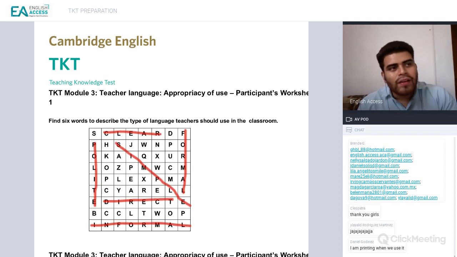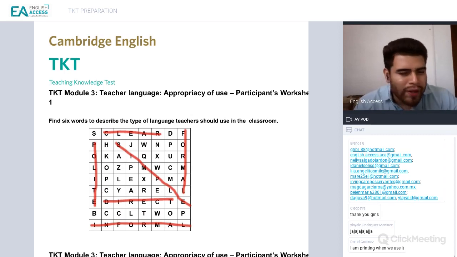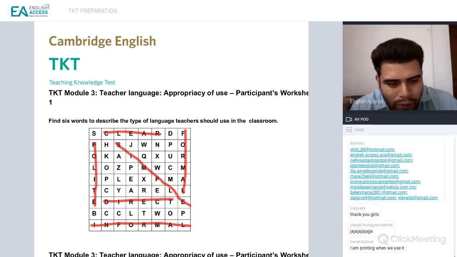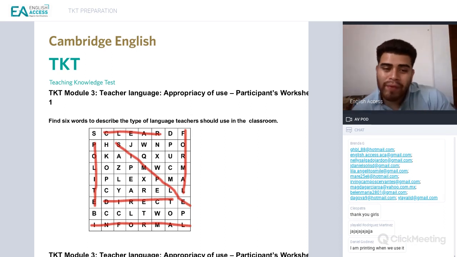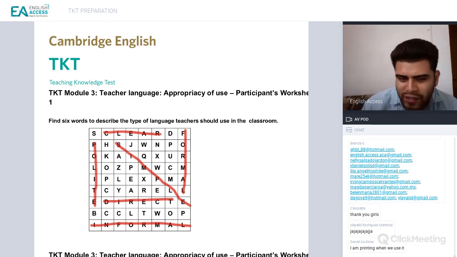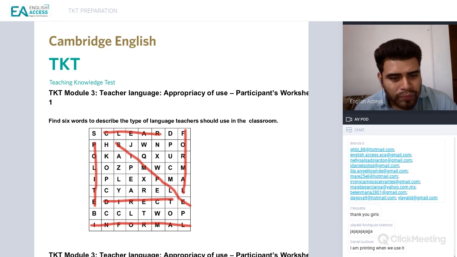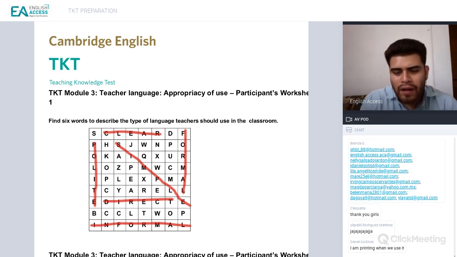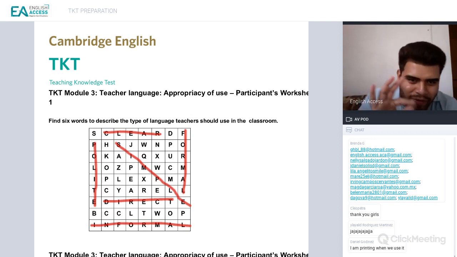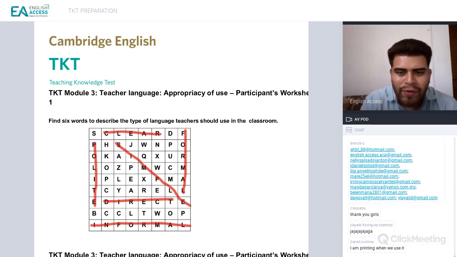Now, what the difference between formal and informal is, like, maybe you have a business class and maybe you have a conversation class. Obviously for the business class you had to be a little formal. Now you can mix a little informal, formal, every now and then it is necessary so you don't sound like robots.